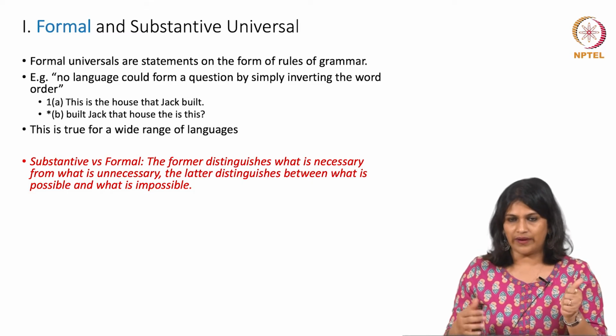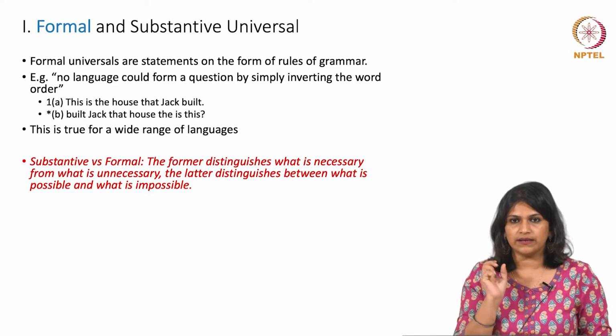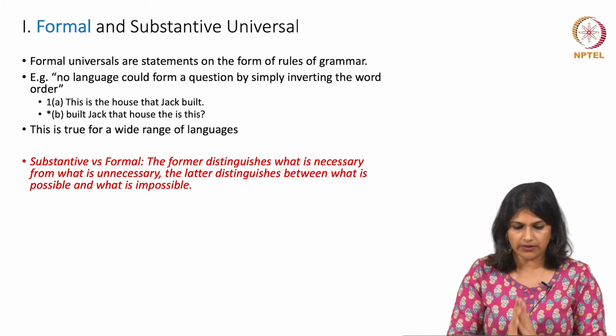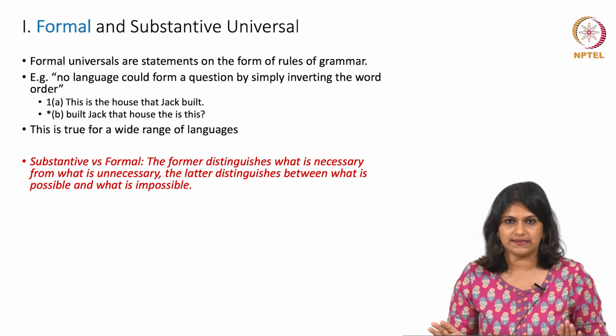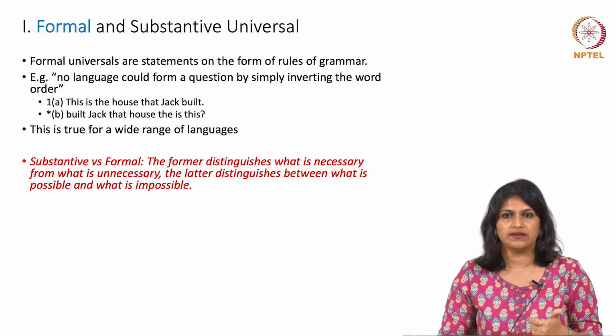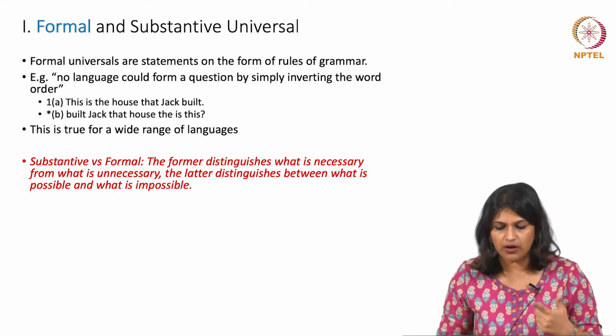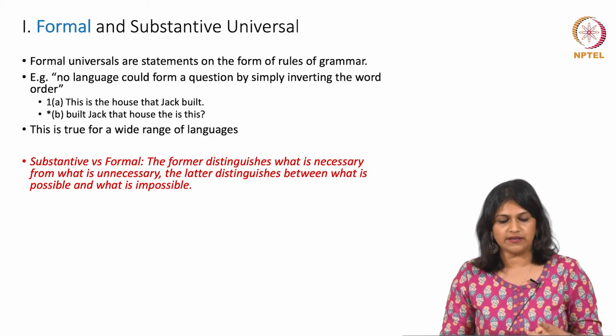So, when we move to the formal universals, these are not related to individual linguistic items, rather these are related to the statements. And one such statement, the example could be this: no language could form a question by simply inverting the word order.